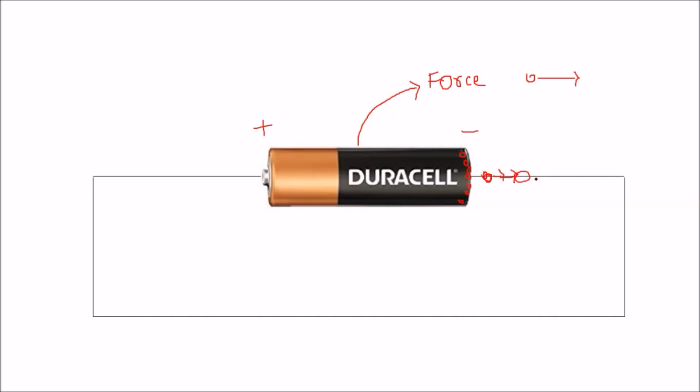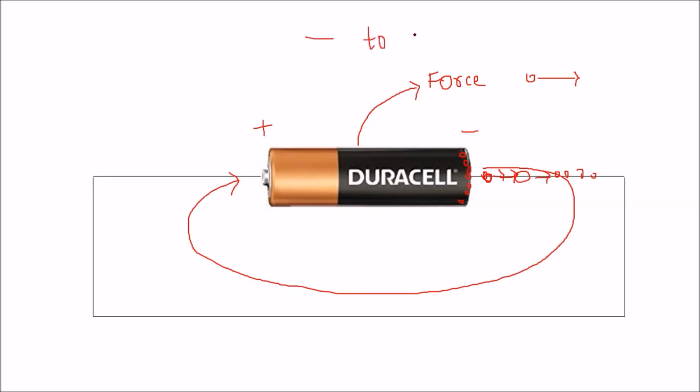Because of the force, this electron moves forward. Like that, all electrons will be in motion and all electrons will move from the negative terminal to the positive terminal inside the conductor. So negative terminal to positive terminal is the direction of flow of electrons, not the direction of electricity, you must remember.